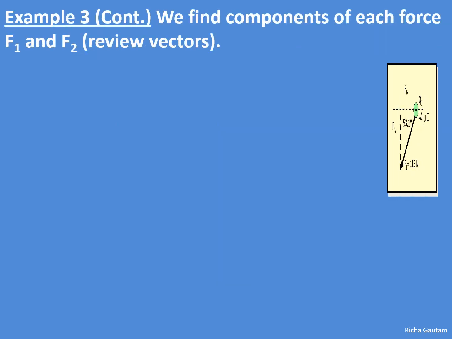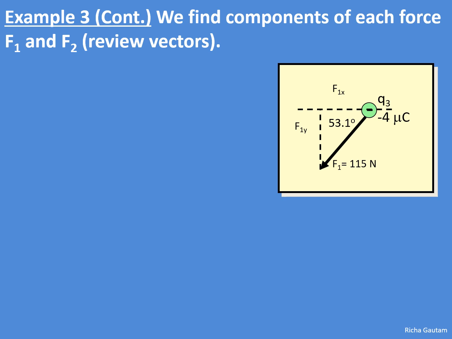It is in the direction of 53.1 degrees south of the west. So now once you have these, you need to review your vectors and how you can find the total resultant of these two vectors. You have F1 and F2.